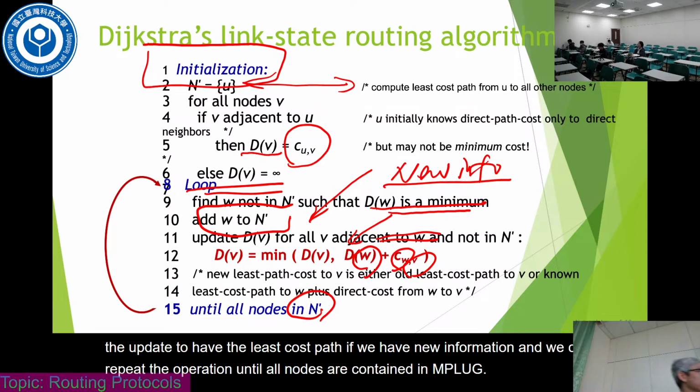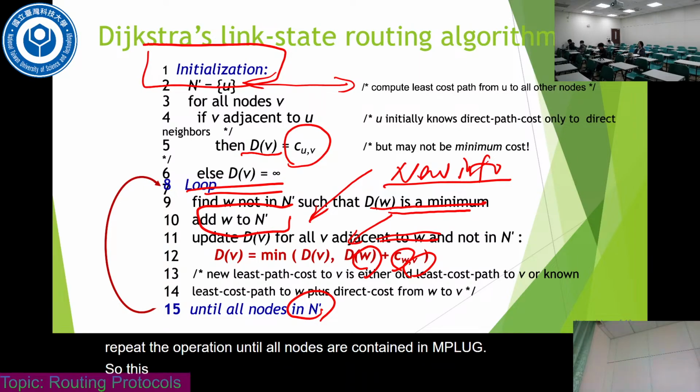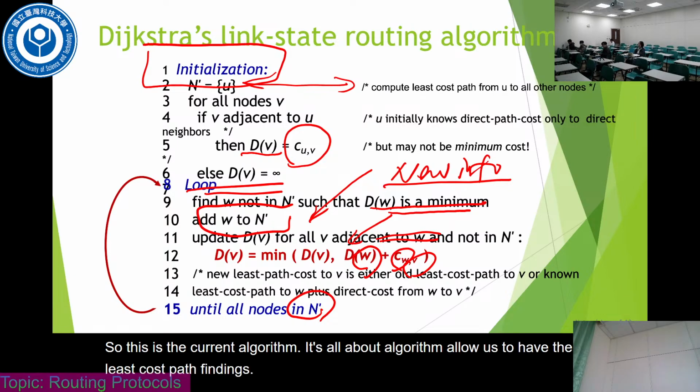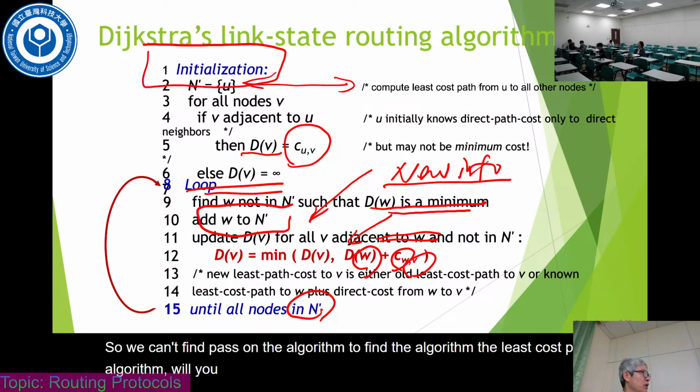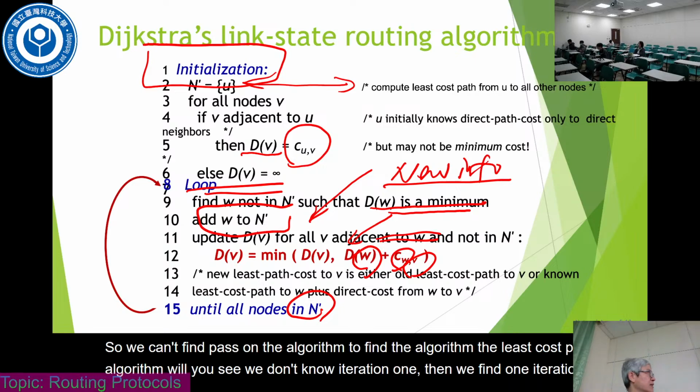So this is the Dijkstra algorithm. The Dijkstra algorithm allows us to find the least cost path. Previously we don't know, iteration 1, then we find 1, iteration 2, and the others.